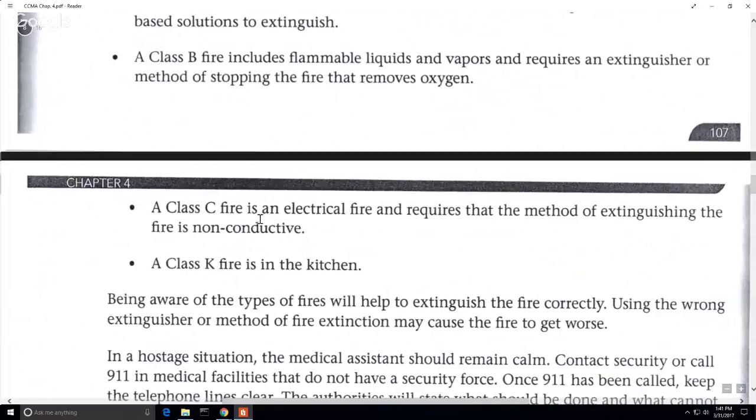Class C fires are electrical fires. They require that the method of extinguishing the fire is non-conductive. And Class K fires are in the kitchen.